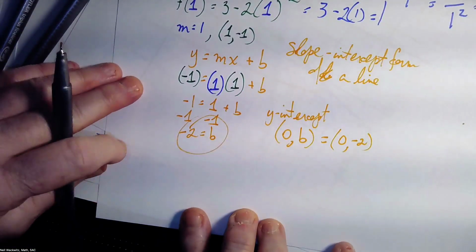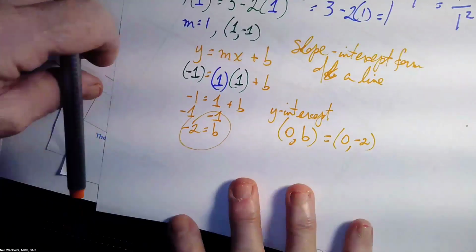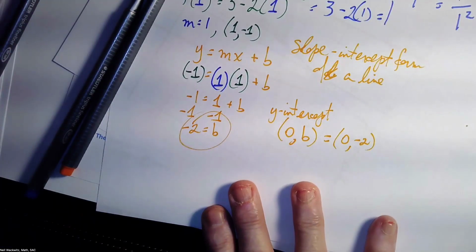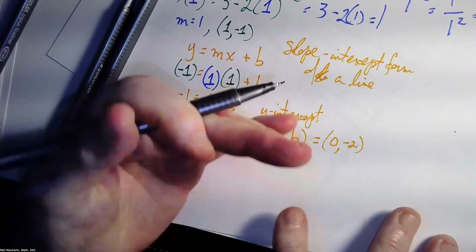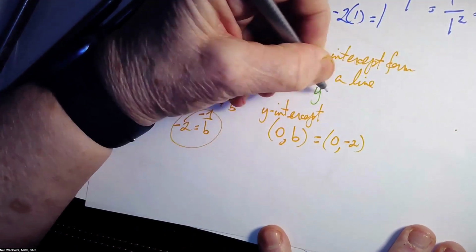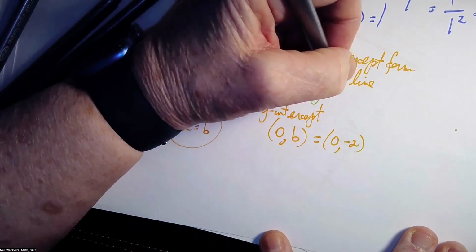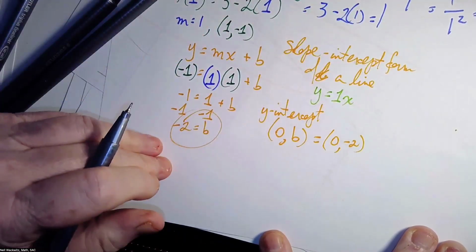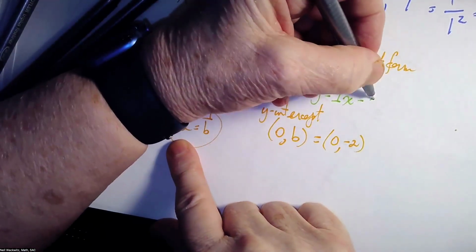All right. So the equation of our line is y equals 1x, or just x, minus 2.